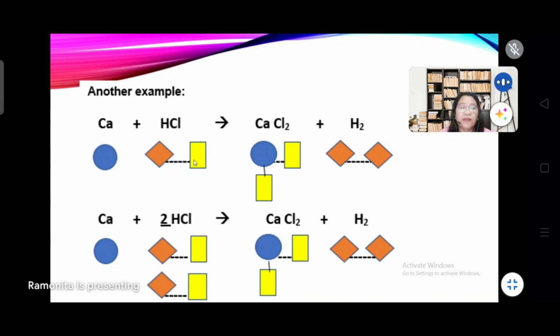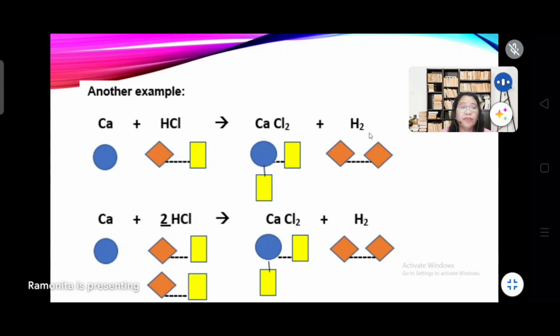So the same thing with the product. We have here the circle for the calcium and two rectangles for the chlorine since it has a subscript of 2. And for the hydrogen gas, we have two diamonds since it has a subscript of 2.